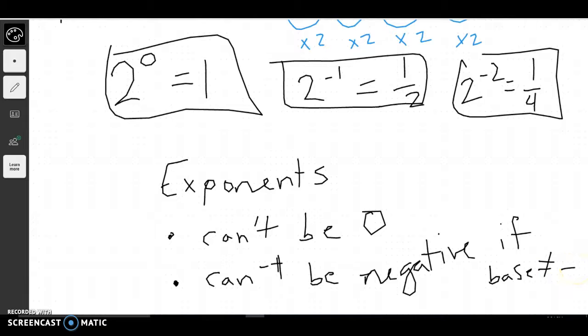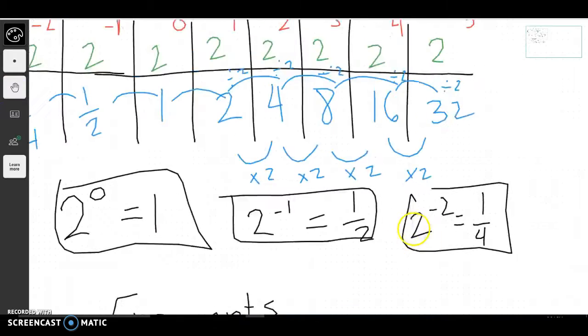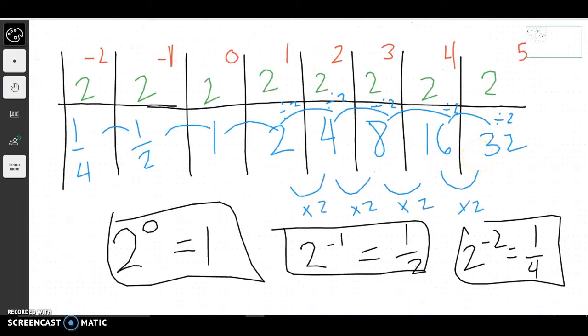It just won't work out. That's the big thing that happens because of this: negative exponents don't make the number negative, they just further divide it, because that's the opposite of multiplying. And we can see that 2 to the 0 doesn't equal 0. For us it equals 1.